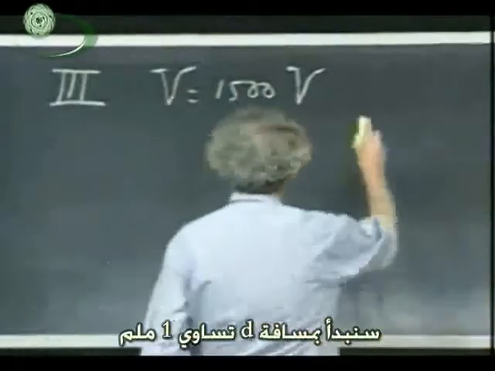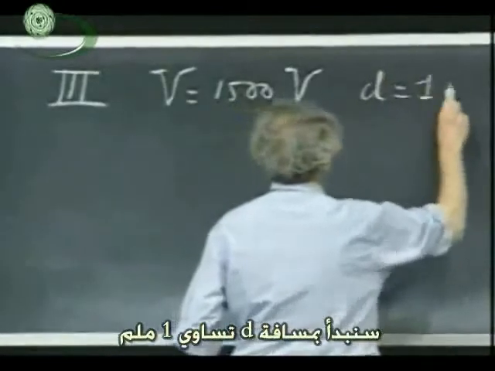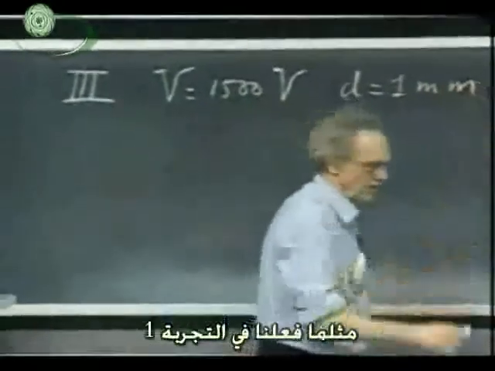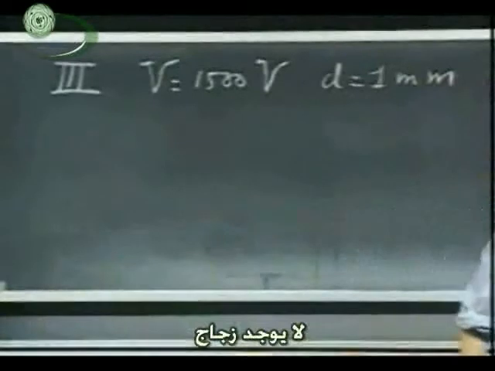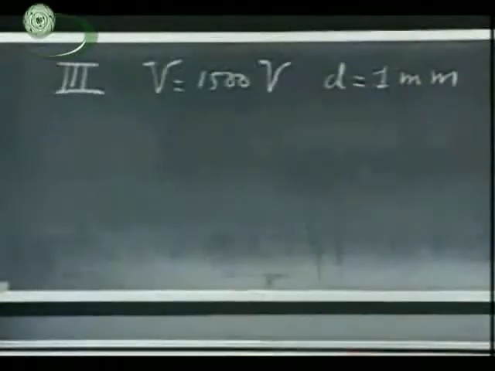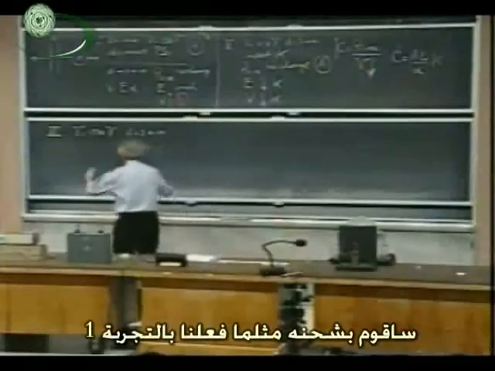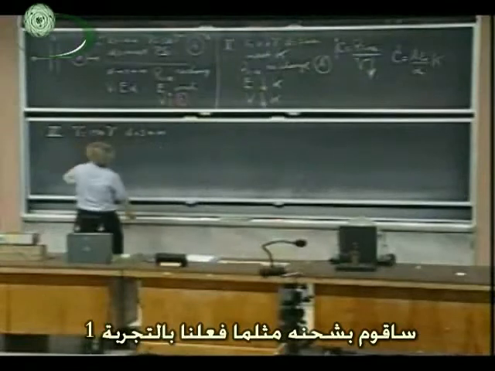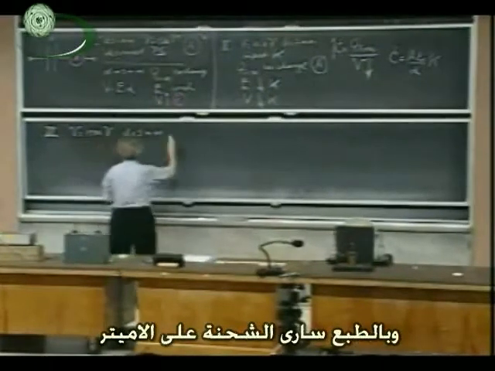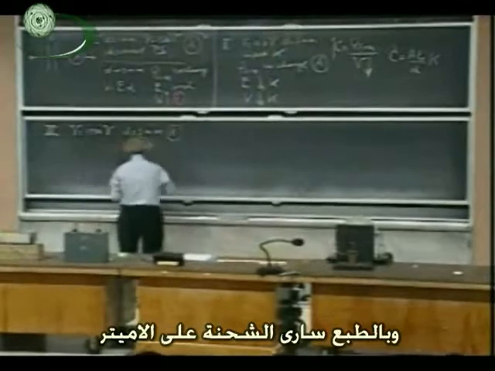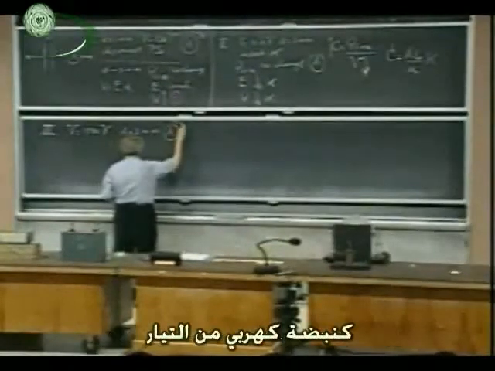We start with D equals 1 millimeter, just like we did in experiment 1. No glass. I'm going to charge it up, just like I did with number 1. And of course, I will see that the ammeter will show this charge. See a surge of current.